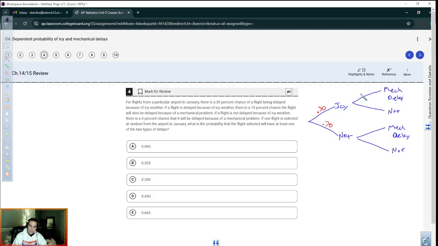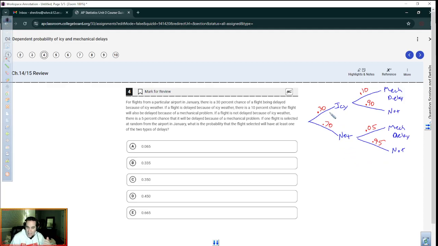So this branch right here is your 10%. If the flight is not delayed because of icy weather, there's only a 5% chance it'll be delayed for mechanical. So 5% for that one. So the not getting delayed from icy weather is 90%. The not getting delayed for that one is 95%. You have filled out the tree.